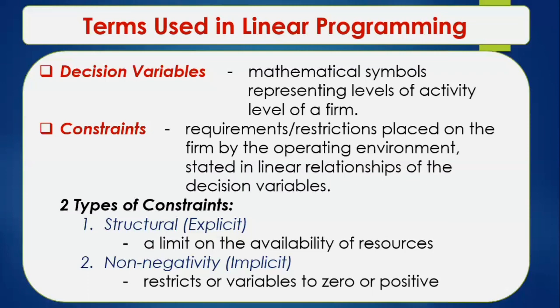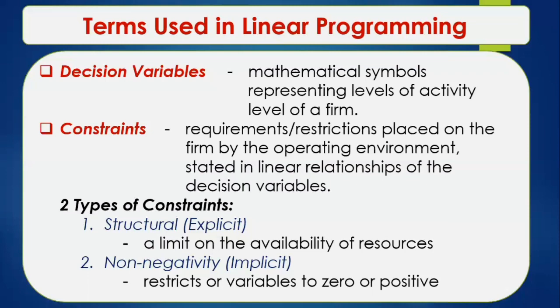For example, under the production department, let's just say the capacity of our machine is 40 machine hours. Therefore, we should not exceed 40 hours, because that's the only availability, the limitation of the capacity of our machine. So that's what we call a structural or explicit constraint.